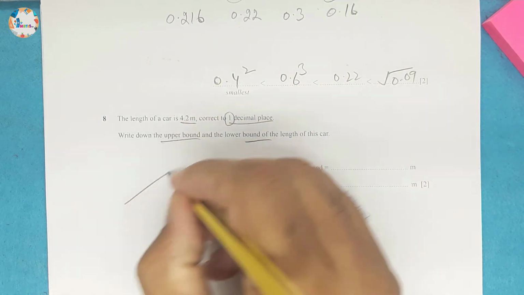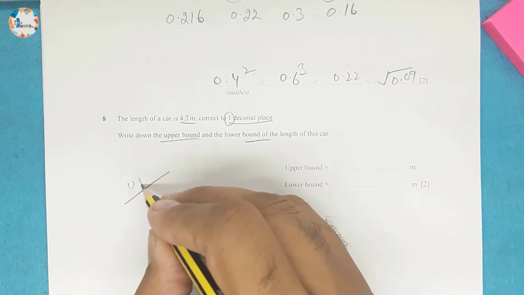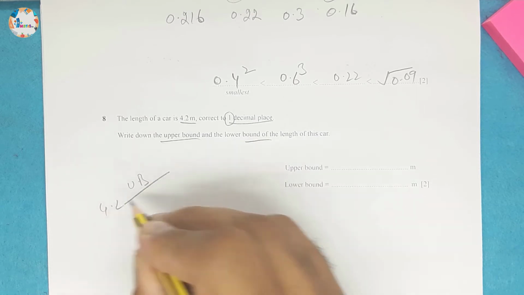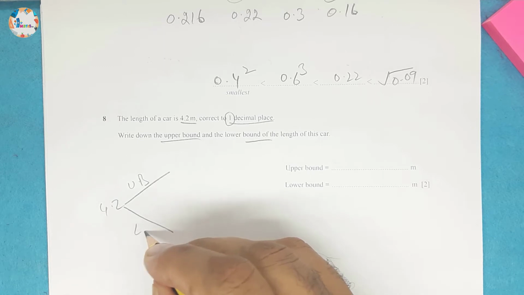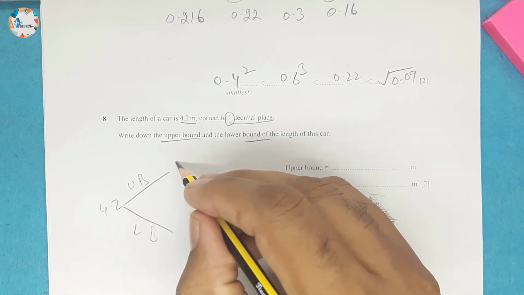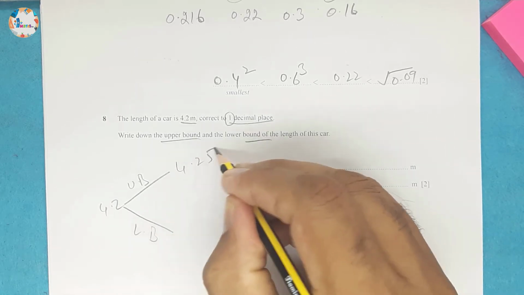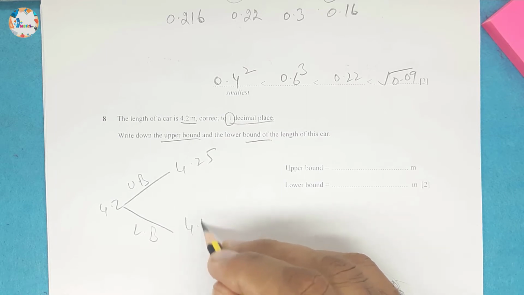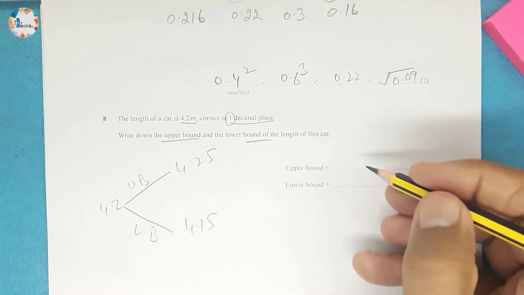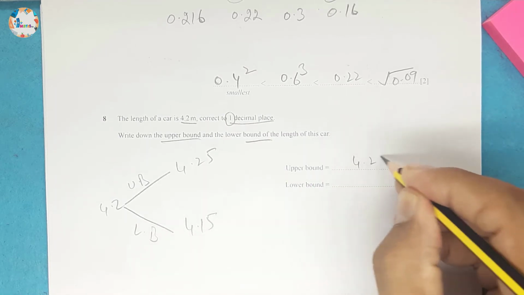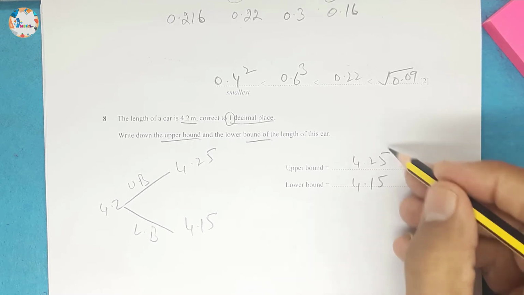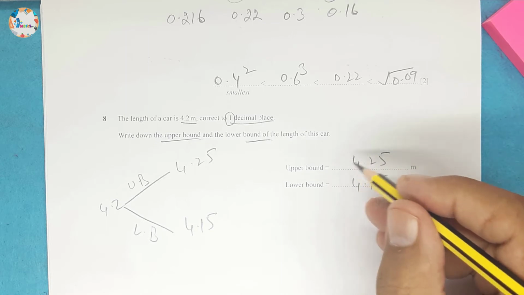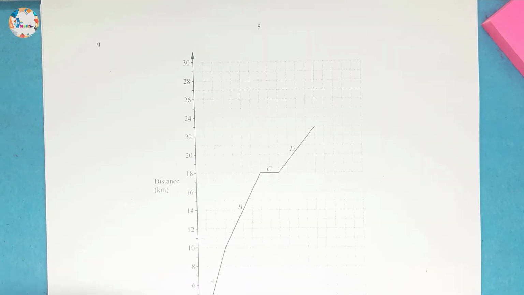So the upper bound of 4.2 is 4.25, and the lower bound of 4.2 is 4.15. These will be the upper bound and lower bound. We provide the upper bound over here and the lower bound like this one. We cannot switch these values; we have to write them in this sequence.